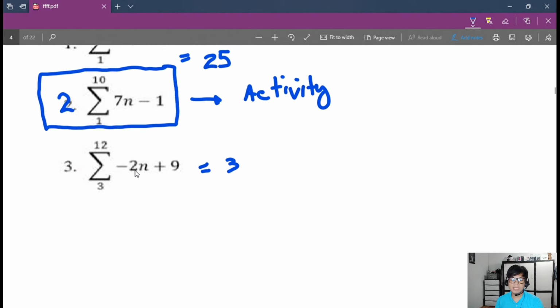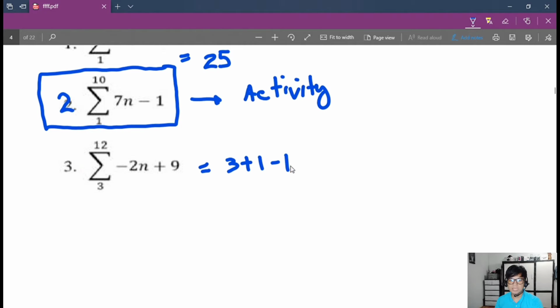Next, 4 times negative 2 is negative 8 plus 9, that's 1. Plus 1. Next, negative 5 na tayo na. 5 times negative 2, that's negative 10, plus 9, that's negative 1. So, minus 1.